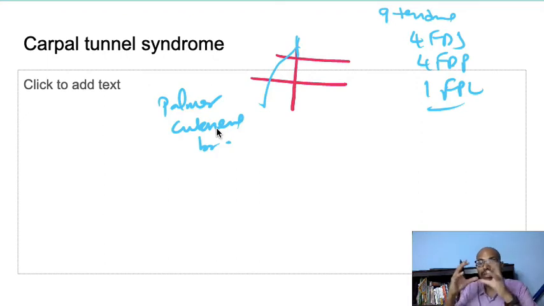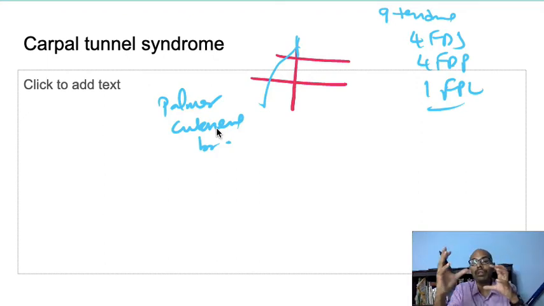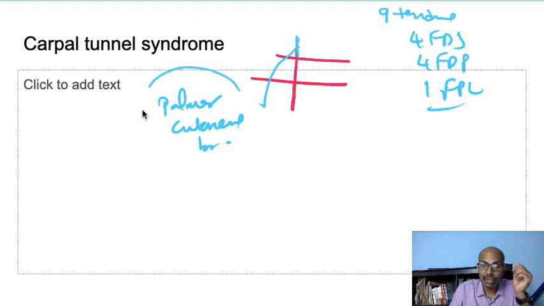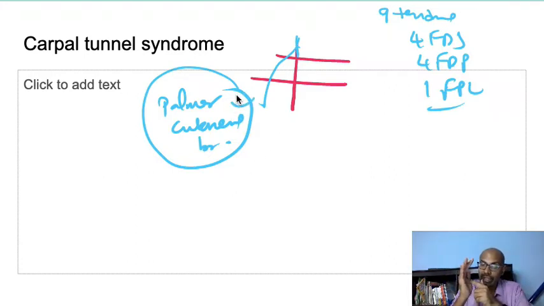So we have a differentiation between high and low median nerve palsy. In high median nerve palsy, the palmar cutaneous nerve is affected, whereas in low median nerve palsy, the palmar cutaneous nerve is not affected, and this sensation is maintained, and you will have sensory loss in these 3.5 fingers. So what is the sensory supply of the median nerve?